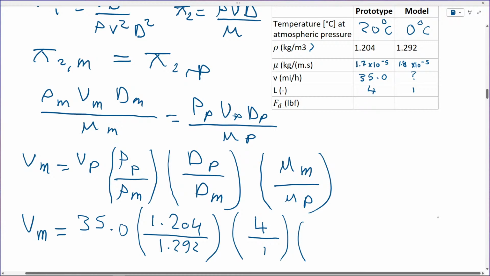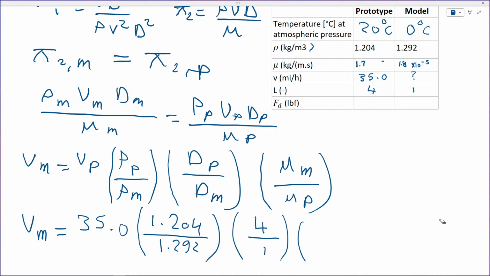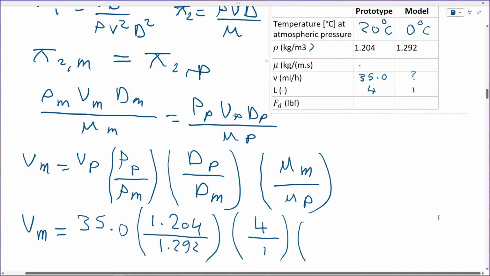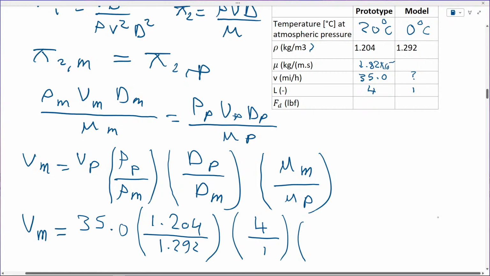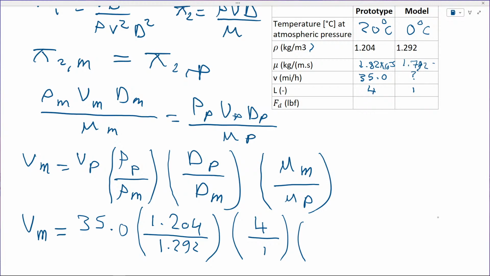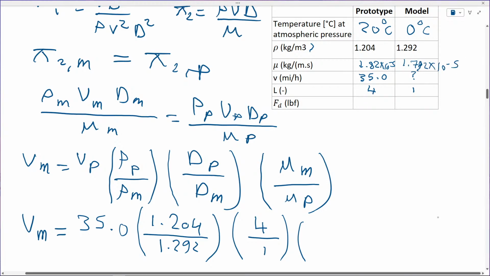In the answers that I have, this mu is a little bit different. Let me put the other mu that I have, so we get the same answer. Here I have 1.8 times 10 to the power minus 5, and here I have 1.792 times 10 to the power minus 5.